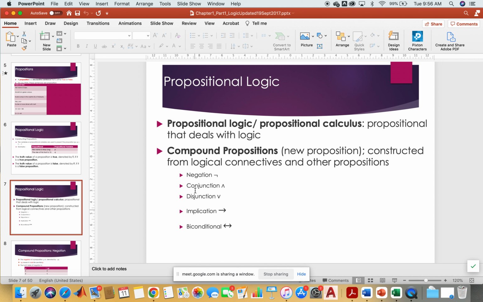And then this one, we call it conjunction. The second one here is disjunction. And then we have the arrow, which is for implication. And then we have two arrows here, like this, we call it biconditional. Right? Okay.